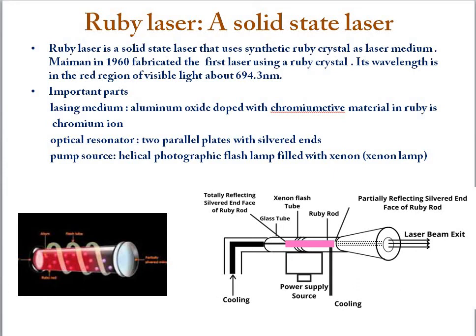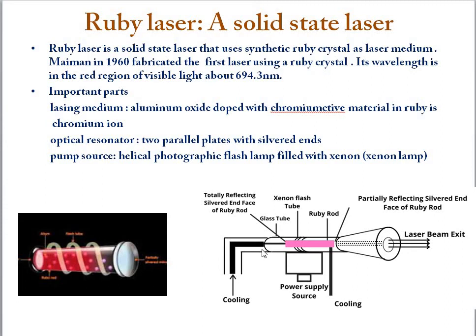The ruby laser consists of a cylindrical crystal rod of ruby, about 4 centimeter in length and 0.5 centimeter in diameter, whose ends are flat, one of which is completely silvered and the other partially silvered.